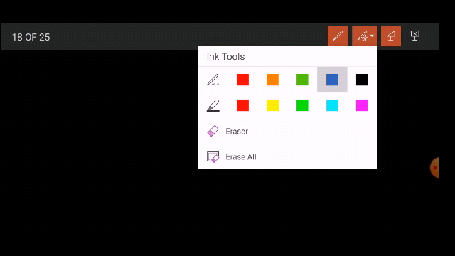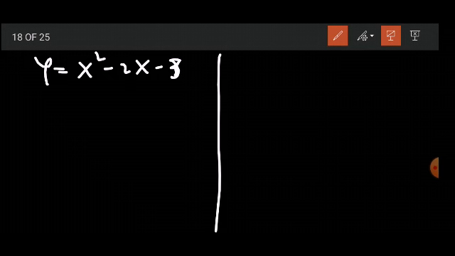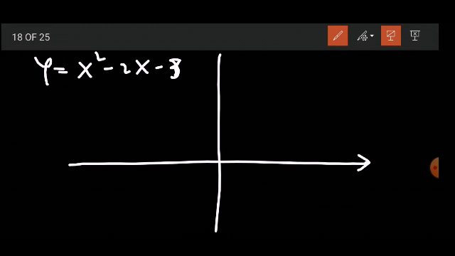Let's see, for y equal to x square minus 2x minus 3, this is the x-axis, this is the y-axis, this is somewhere here minus 1, this is somewhere here 3, and when you put 0, then it is also minus 3.